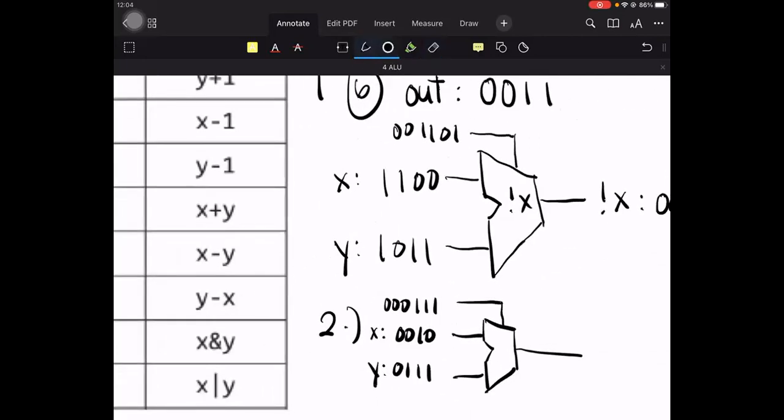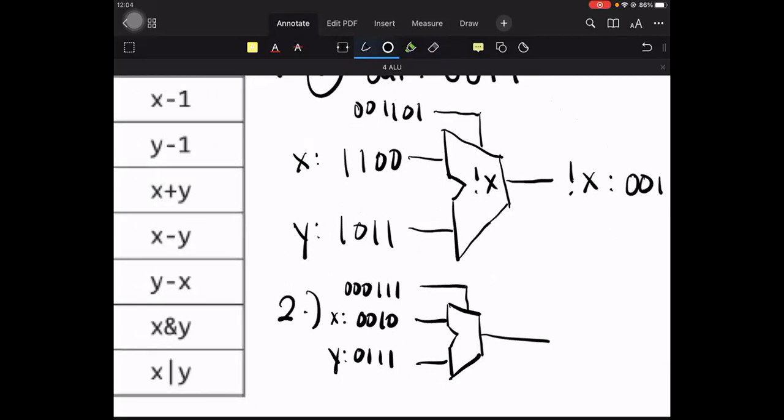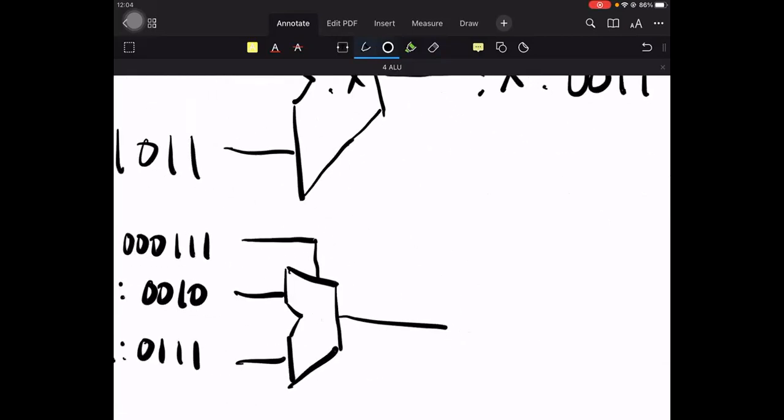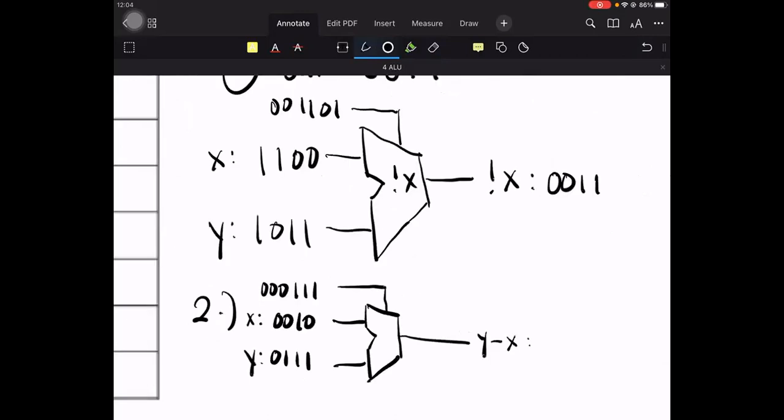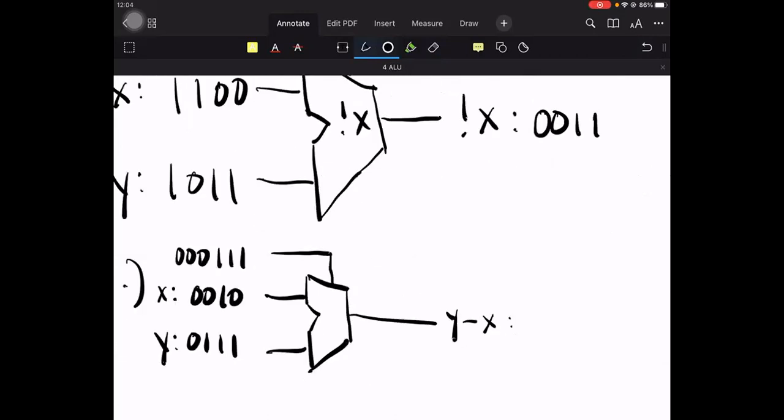If you follow this in class, step 1 to step 6, I'm sure we'll end up with this answer. Y minus X. So it subtracts. What is 0, 1, 1, 1?